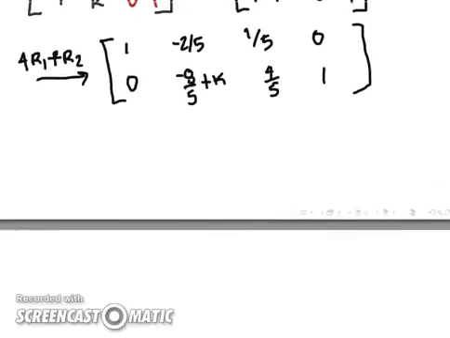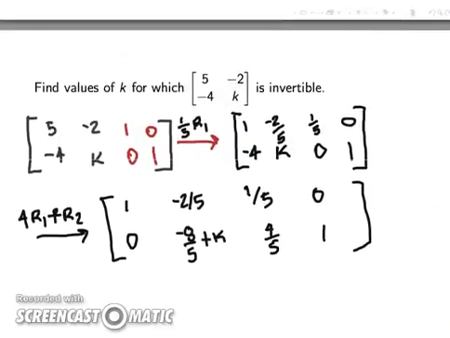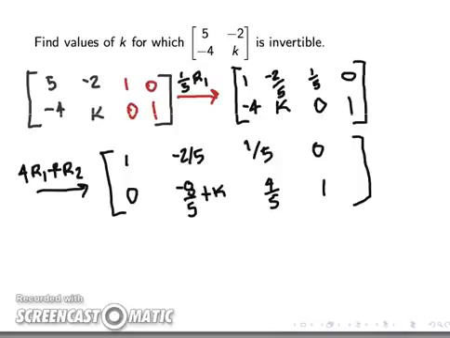So here is where we have to relate to what this question is asking, because we want to find for which values of k there is an inverse.